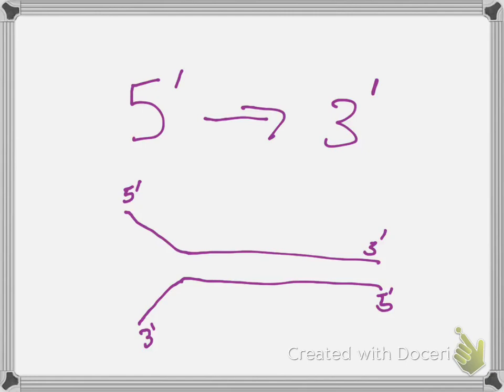So this original 3' to 5' strand is the leading strand, because you can make the corresponding strand in the 5' to 3' direction, and you can do that continuously.